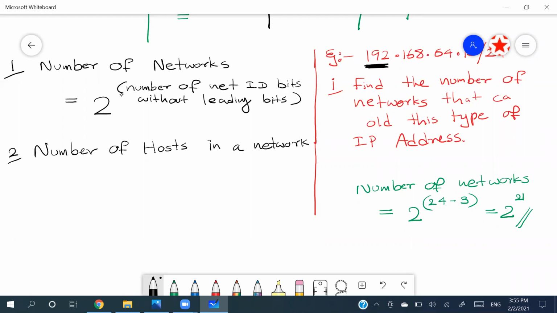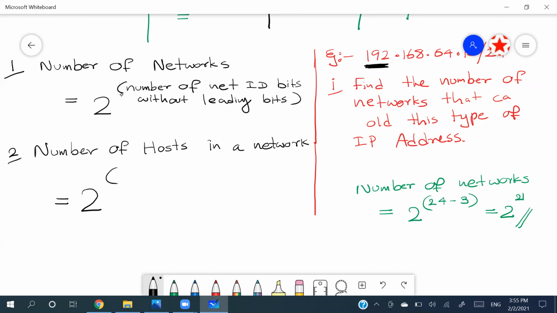Number of hosts in a network, that is, the maximum number of hosts that can be connected to the network of the IP provided to us.